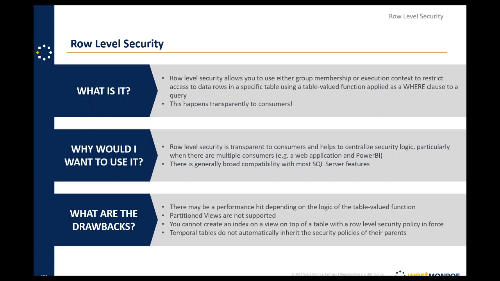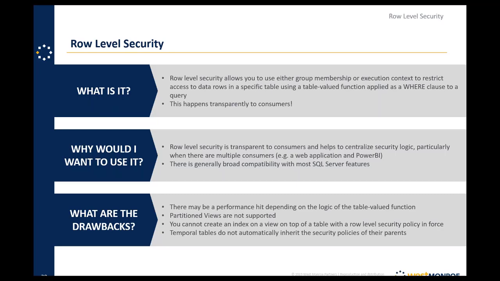As I mentioned above, it does use a table valued function, so there may be some performance implications. Partition views are not supported. Kind of makes sense, right? You can't create an index on a view. This one's super weird. You can't create an index on a view on top of a table with a row level security policy in force. So yeah, that one's a little strange, and it's a limitation.